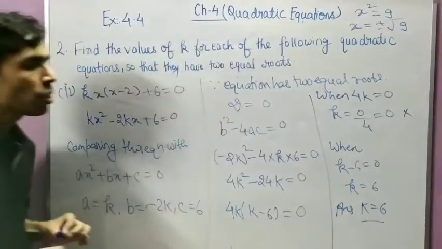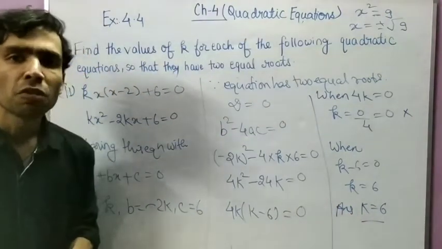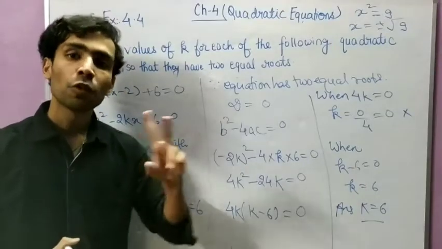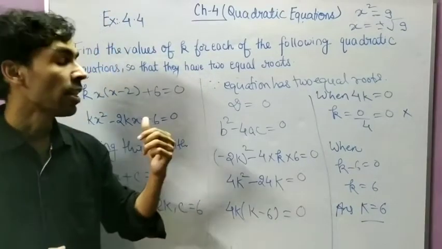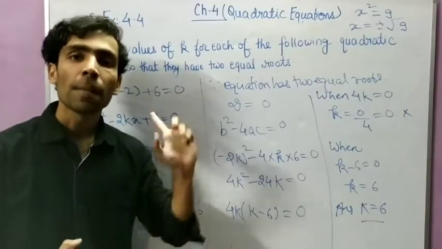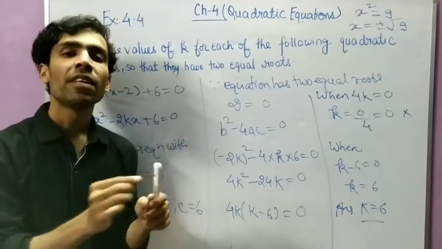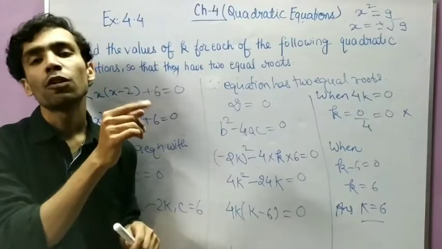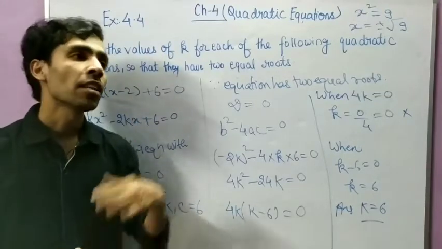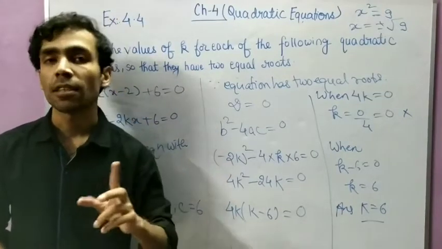Now the question is, can both values be correct? Yes, there can be two values of k also, like in the previous part. In the previous part, we got two answers, plus minus 2 root 6. When we take the positive sign, k equals plus 2 root 6, and when we take the negative sign, k equals minus 2 root 6.